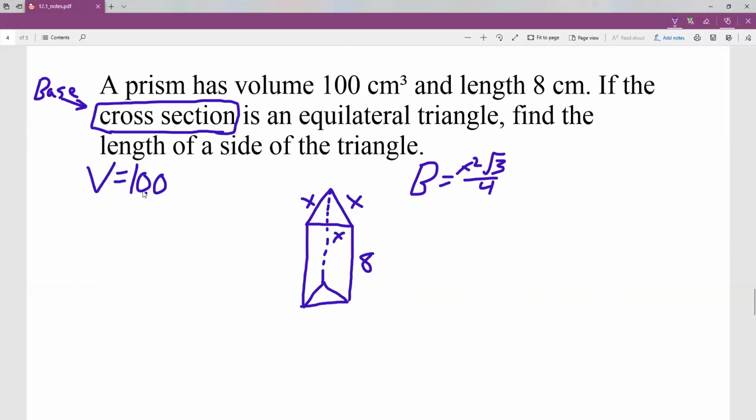So we know what the volume is equal to. We know what the height is equal to. So all we have to do is plug it into the formula. So 100 is equal to our base, which is x squared root 3 over 4, times our height, which is 8.